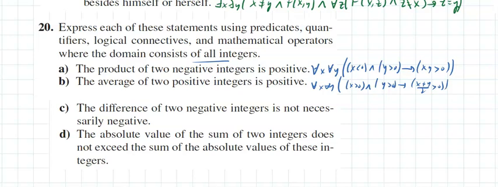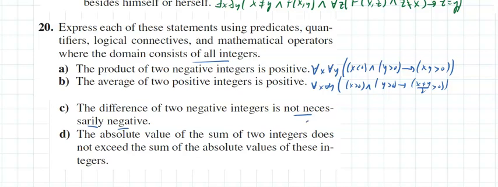The difference of two negative integers is not necessarily positive, so it's not always true. That's what it's saying.